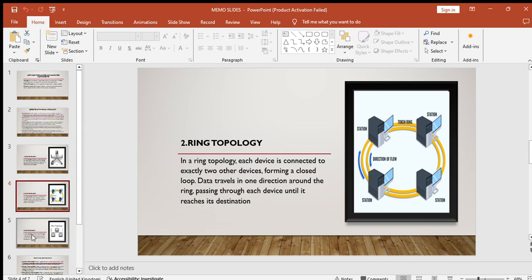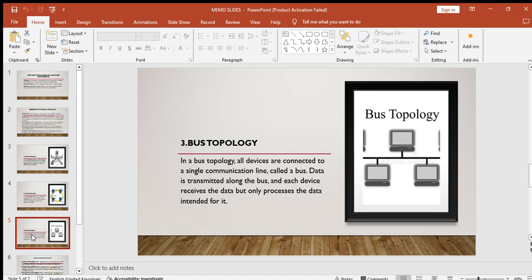Okay. The third physical topology is the bus topology. In a bus topology, all devices are connected to a single communication line called a bus. Data is transmitted along the bus and each device receives the data, but only processes the data intended for it.